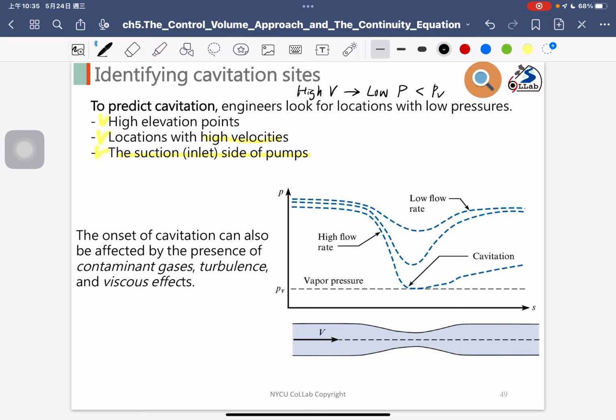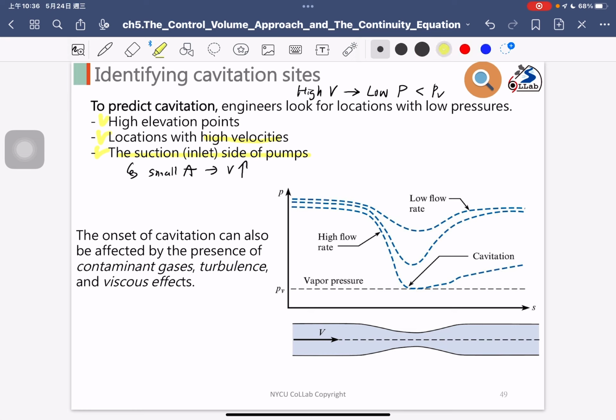If you remember, with a small cross-section area, based on the continuity equation, we know that will result in increased velocity. So where there is a small cross-section area, we will have higher velocity, and the higher velocity will result in a lower pressure environment. And if the lower pressure environment is lower than vapor pressure, you will get trouble caused by cavitation.